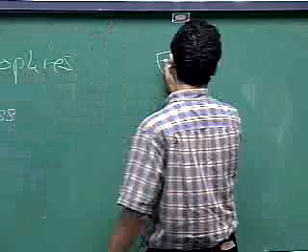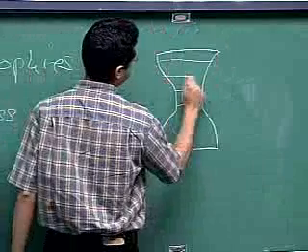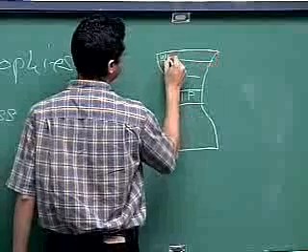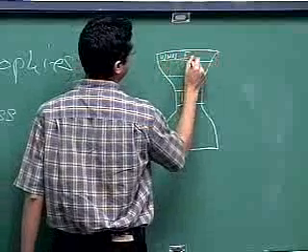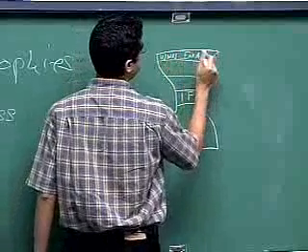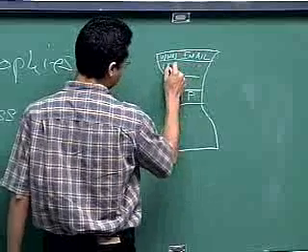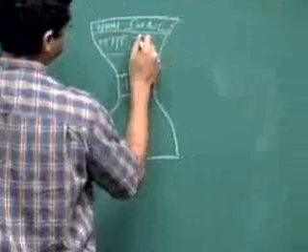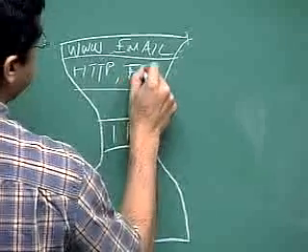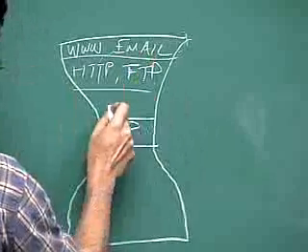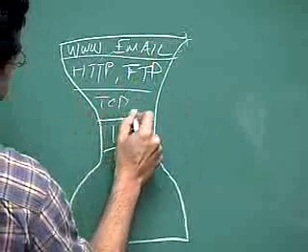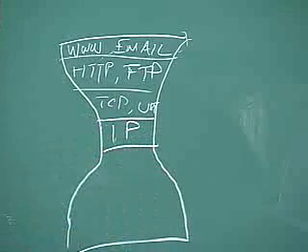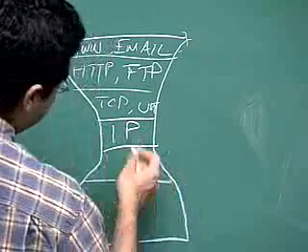On top, you have your complex applications, let's say www, email. You have your application layer protocols. Then you have transport protocols. Below this IP layer, you have data link protocols.